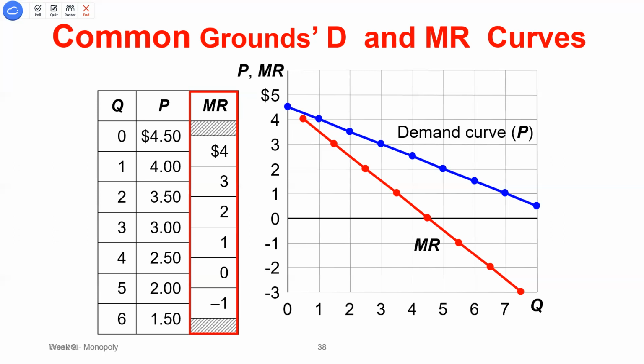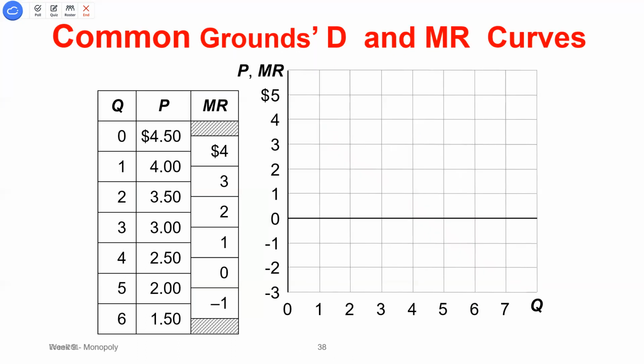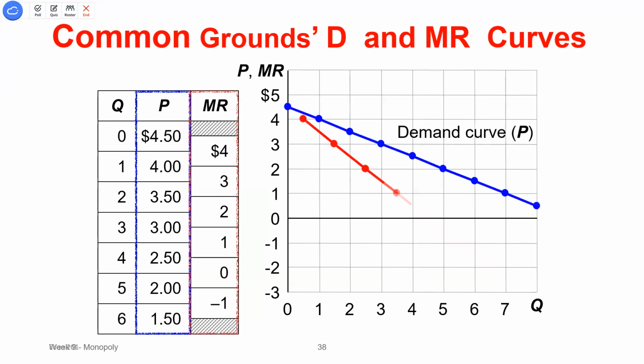So that third unit, we kind of went back to the previous slide. I was adding revenue of 3, changing the quantity by 1. That's where those marginal revenue values come from. So if I wanted the slope of my marginal revenue curve here, what's the change in my X values going from 2 to 3?